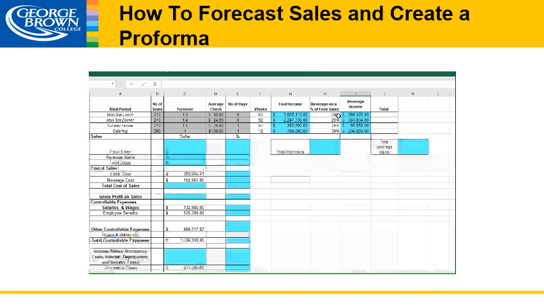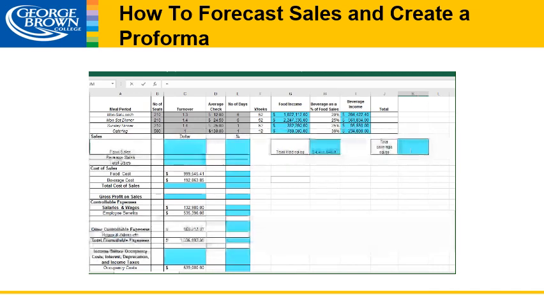Okay. Now what we can do is we can add up all of our food income. There we go. To get our total food income for the year. And in this case, we're projecting that we're going to make $4,431,648.